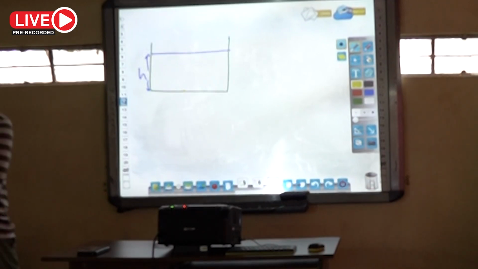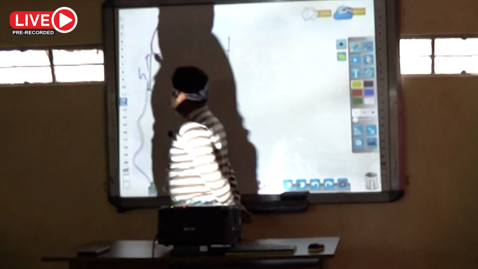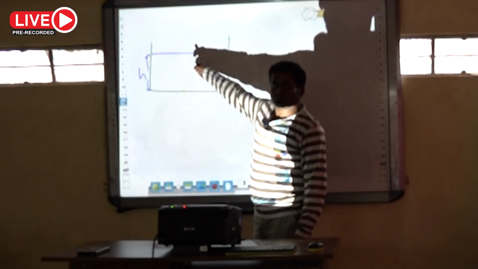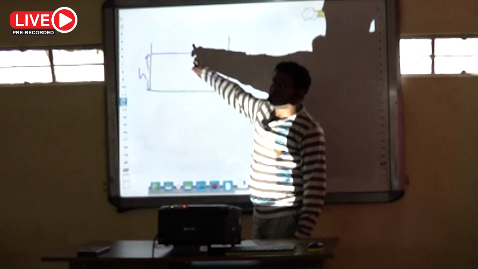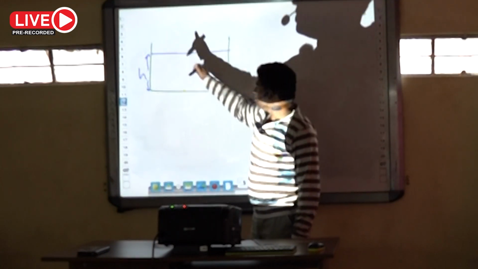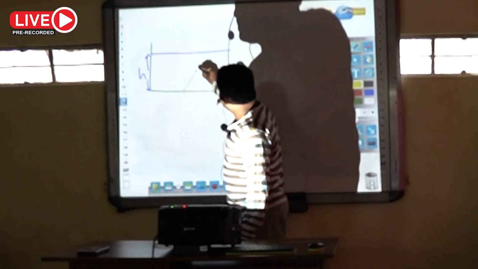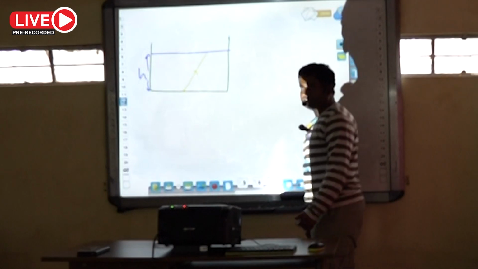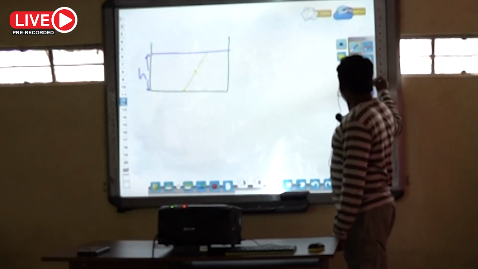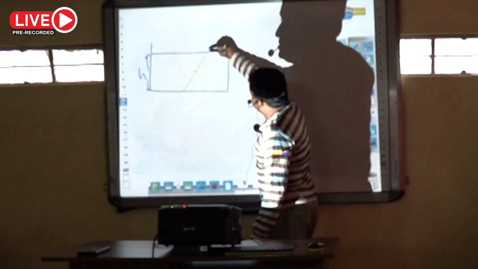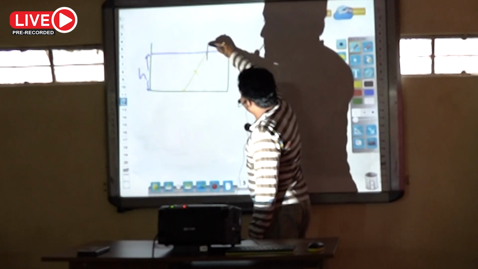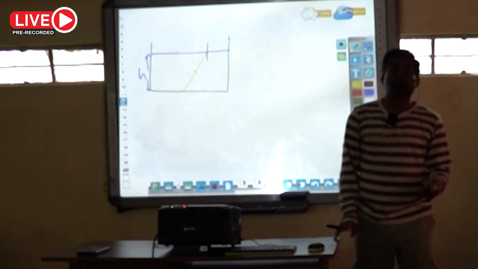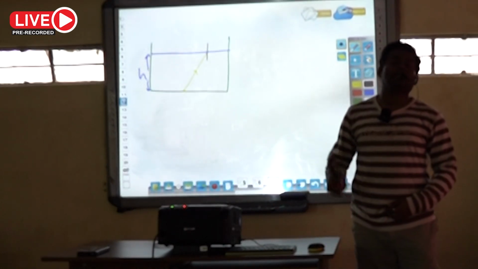See, from this point, light rays will fall on the water-air interface. Let us consider this light ray. This is the incident light. Now consider a normal at this point. In which condition can this light ray go in the air medium?